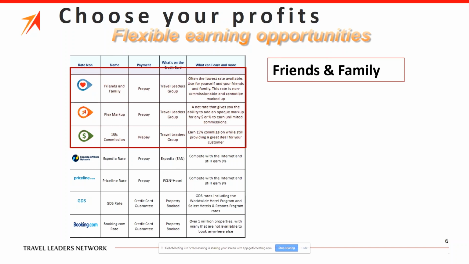So it's definitely something you would use sparingly, for yourself or somebody that you're not worried about getting a commission. Then we do have, I'm sorry, flex markup. Flex markup is what I mentioned before. You actually can add your own markup, either a percentage or dollar amount, to earn unlimited commissions, and I'll show you how that's done as well.